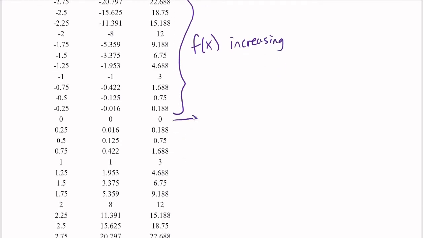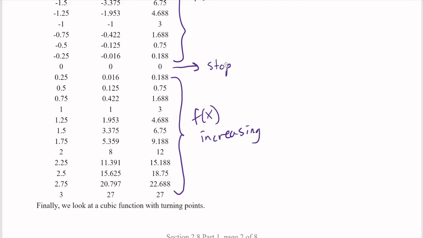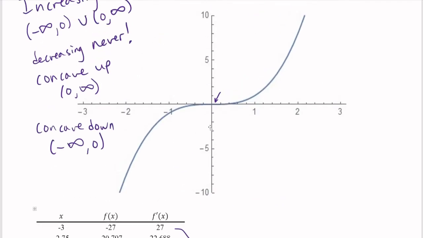We have stopped here, right? 0 means we stop moving. And then here, we again have increasing. Okay, so awesome. That's exactly what we saw, right? So you can read that off the derivative just right away.